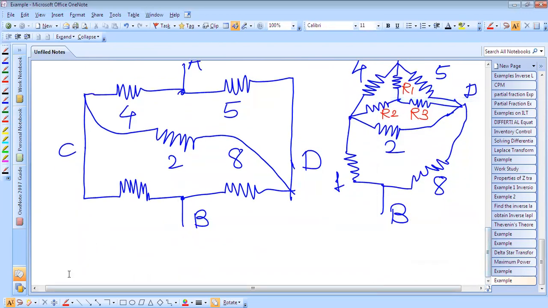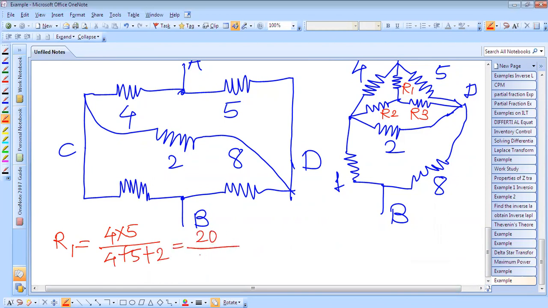So this R1 is equal to 4 into 5 divided by 4 plus 5 plus 2. This is 20 by 11, this 20 by 11 ohm.